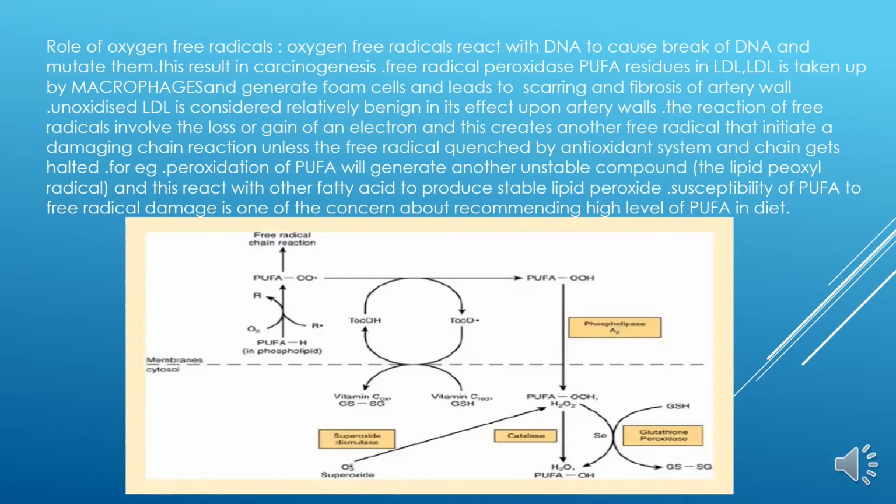For example, peroxidation of PUFA will generate another unstable compound, and this reacts with another fatty acid to produce a stable lipid peroxide.